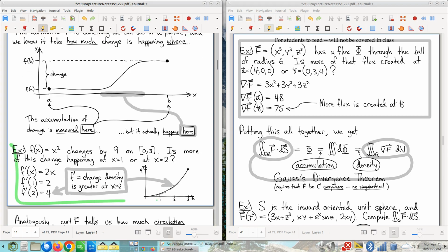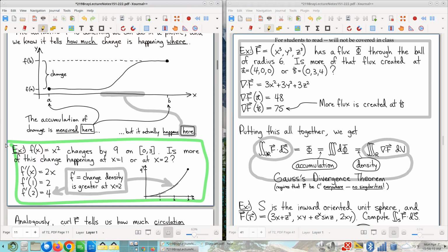You look at an example like this on the bottom left of the screen, and I hope y'all remember that example, but obviously the function changes over the interval from 0 to 3, and it's a pretty reasonable question to ask, okay, but with the obvious understanding that, of course, change happens in the interior. It happens between 0 and 3, not at 0 and 3. So where is there more change happening? Is it at the point 1 or is it at the point 2? Where is there more change happening? Well, of course, change density tells us where the change happens.